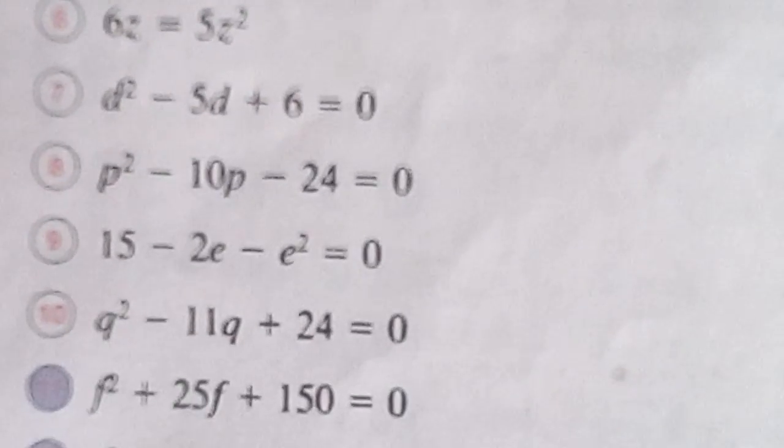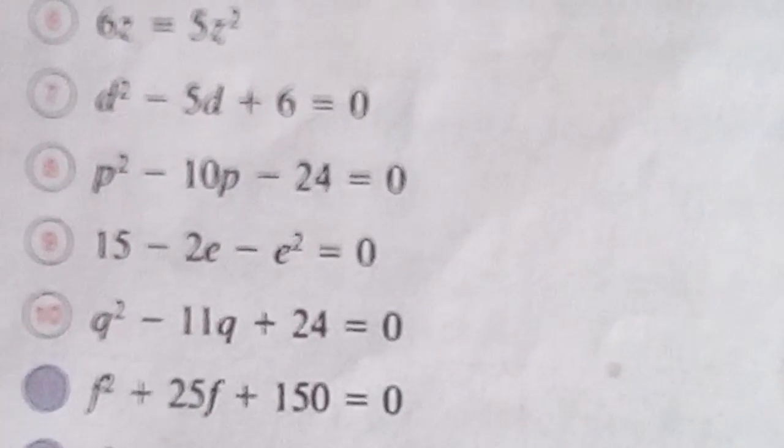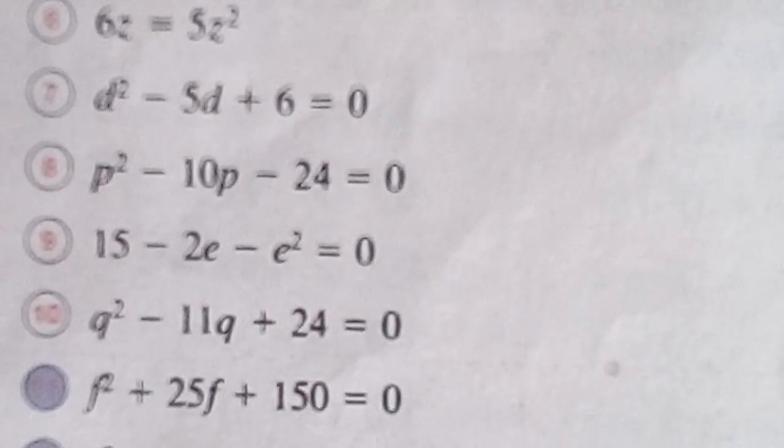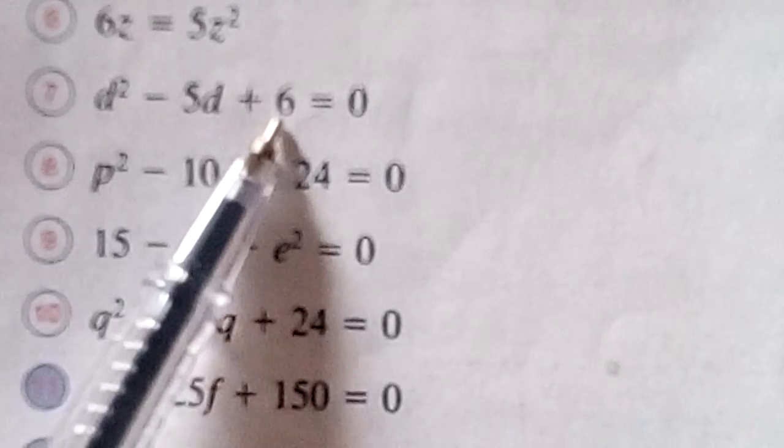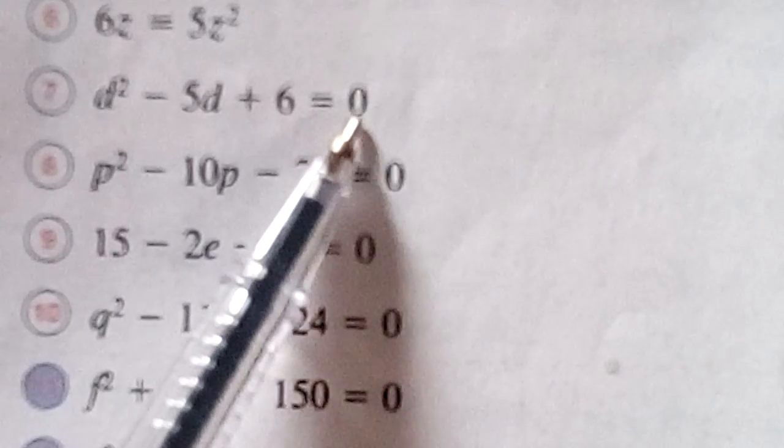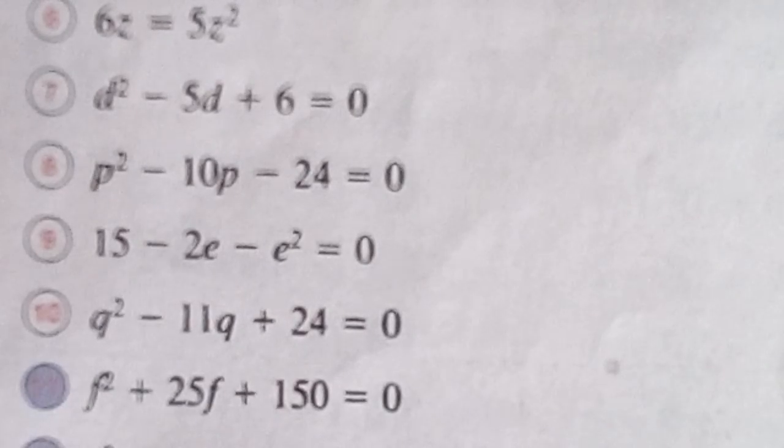Let's pick number 7: d squared minus 5d plus 6 equals 0. Now in the factorization method, let's solve d squared minus 5d plus 6 equals 0.